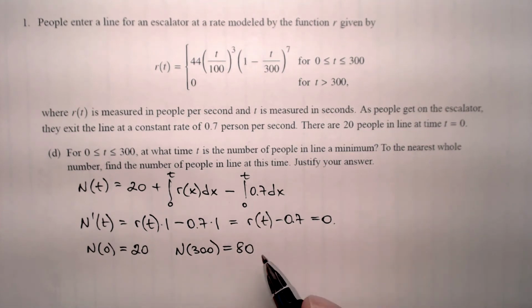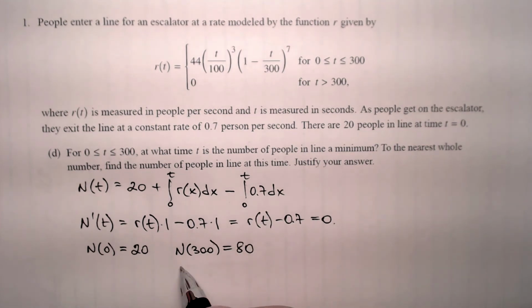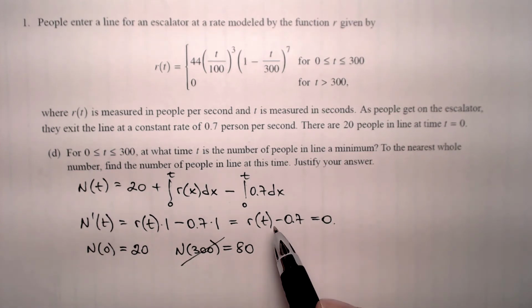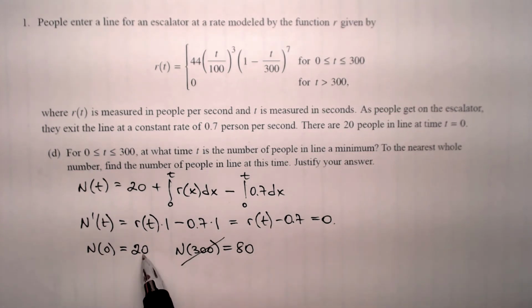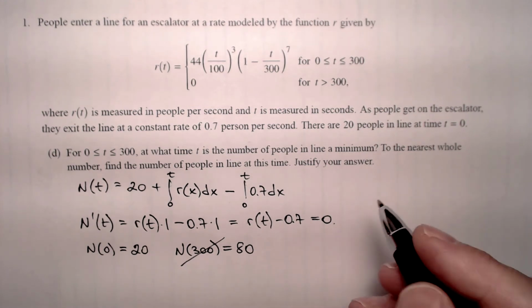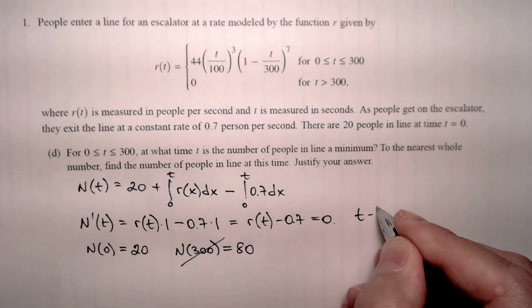We can already see that 300 is not a minimum, because 80 is greater than 20. So we need to compare those t's between themselves and with 20. Let's use the calculator to find all those t's.